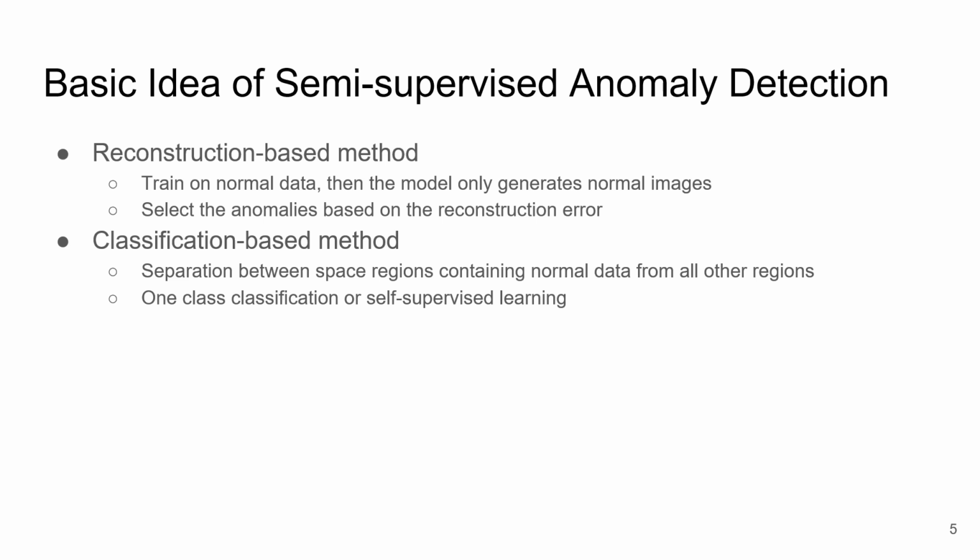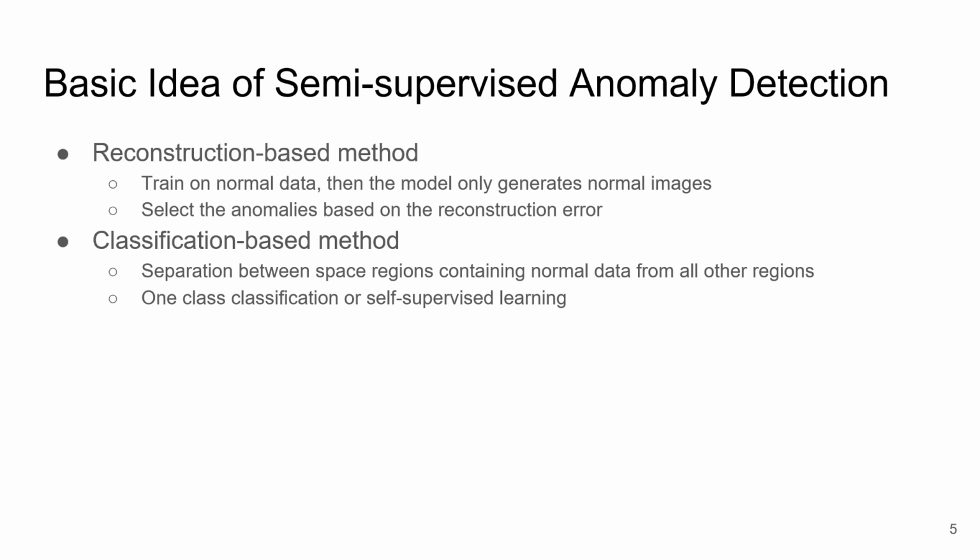The second idea is the classification-based method. The spirit behind this approach is that they want to learn a good representation from normal data, so they can separate normal and abnormal based on these good features.